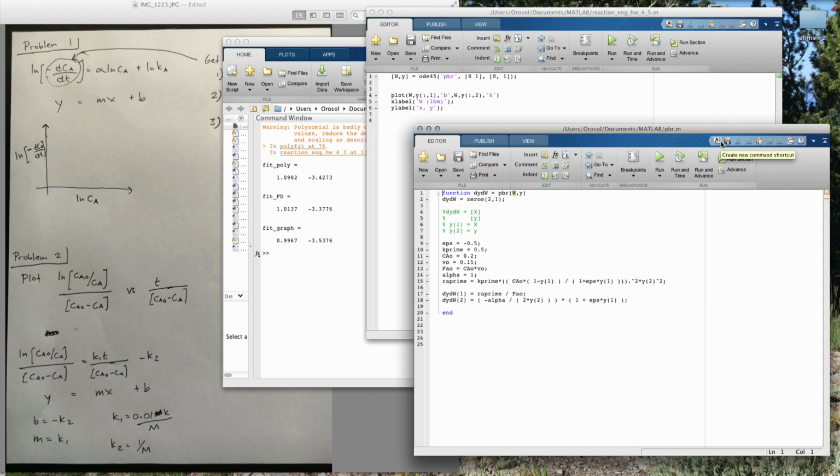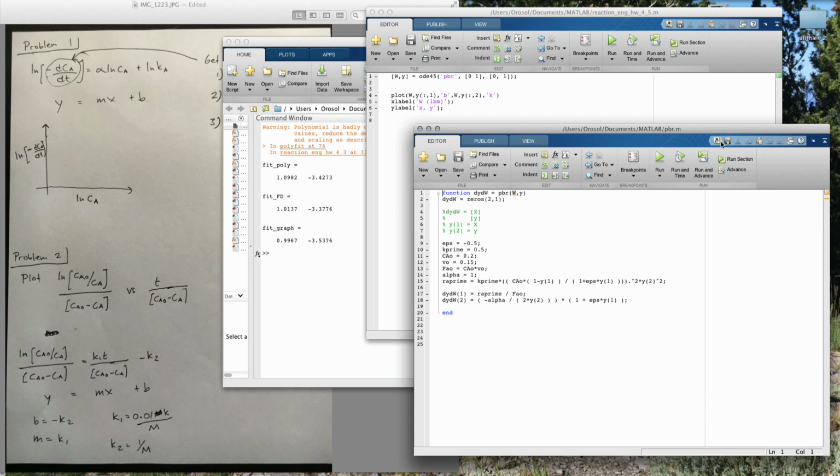I actually made a MATLAB video a while back where I went through this setup in great detail, of how to solve 2 or more ODEs in MATLAB.